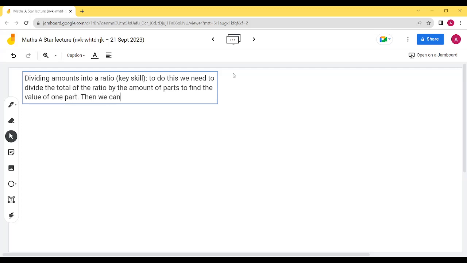Then we can scale each part of the ratio by the value of one part. So it's a bit like scaling in that way, but we've got to find the value of one part, and the value of one part is effectively going to be the scale factor. So we'll give an example of a question here.